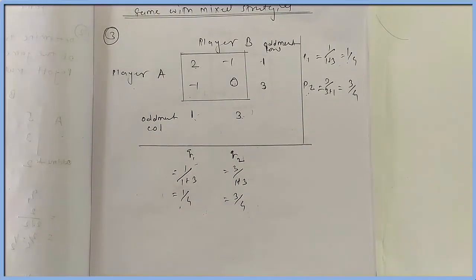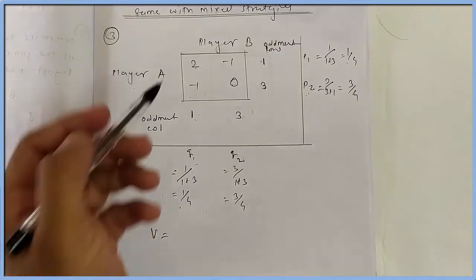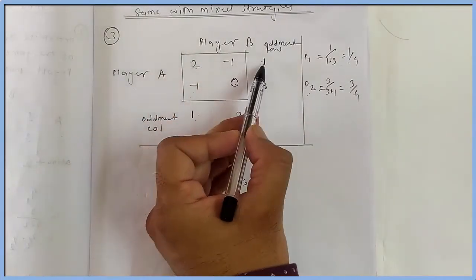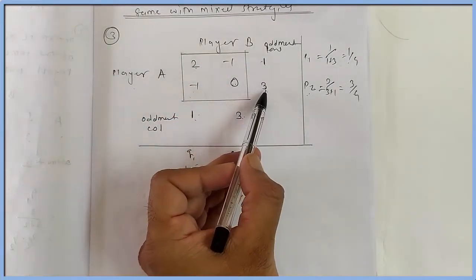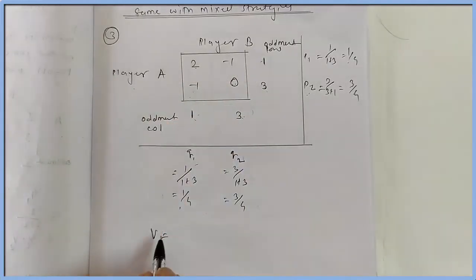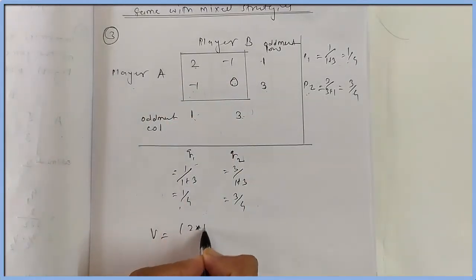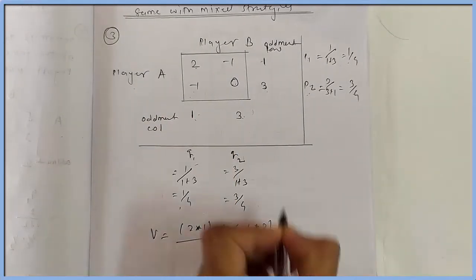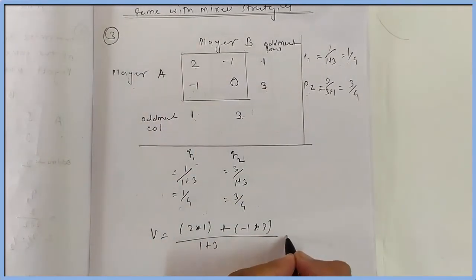After this, calculate the V, that is value of game. Now value of game is equal to, look at the first column, 2 and minus 1 and row oddments 1 and 3. 2 into 1 plus minus 1 into 3 divided by 1 plus 3. Therefore, V is equal to 2 into 1 plus minus 1 into 3 by 1 plus 3 is equal to minus 1 by 4.